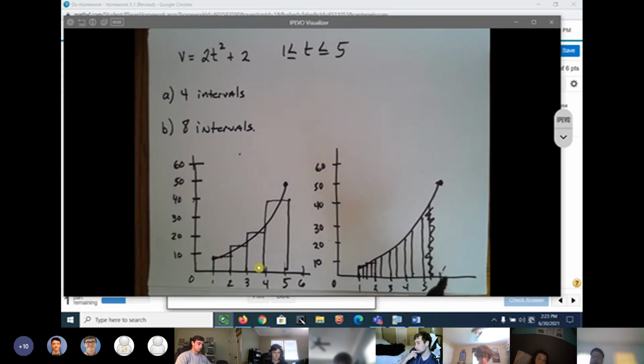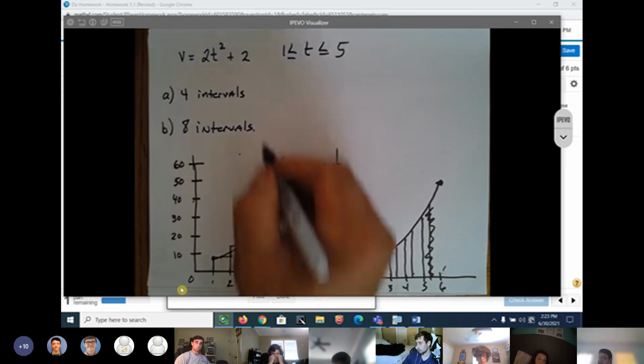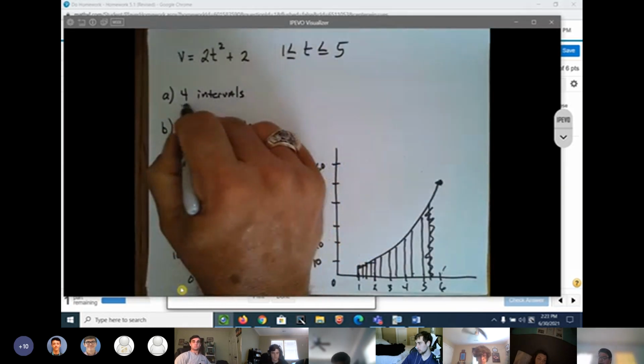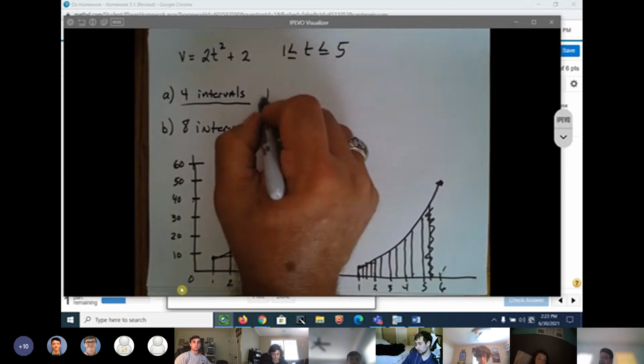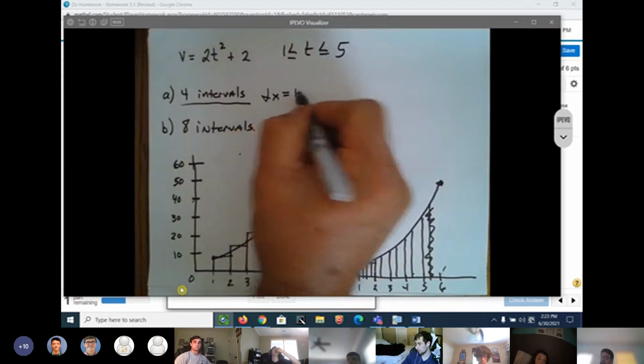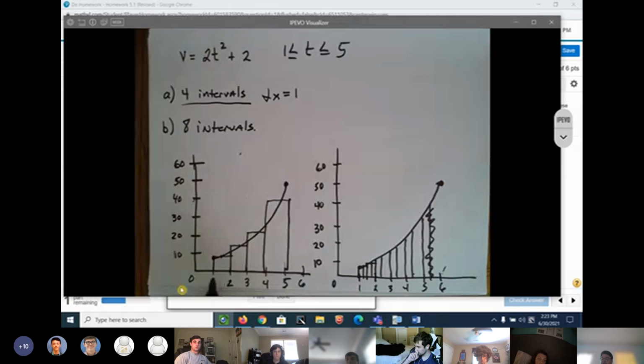So you can do it graphically, or you can do it algebraically. I'm going to do the first 2 for each. Now you know that delta x on the 4 intervals, each one of these rectangles has a width of 1.